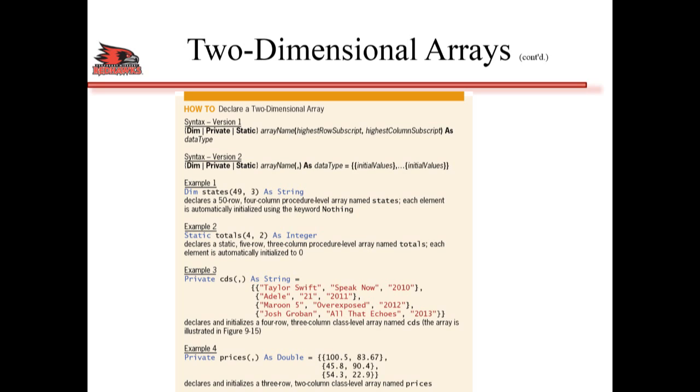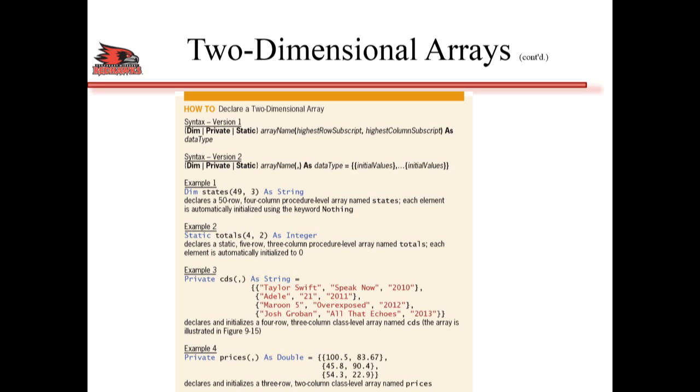So here are some examples of how to declare. It's very similar to a one-dimensional array, except that if we are just declaring the number of elements, we have to declare the highest row subscript and the highest column subscript. And also we have to declare the data type. Or we can leave out that part. We can just have two parentheses and a comma inside.